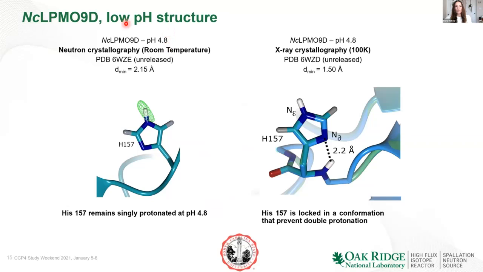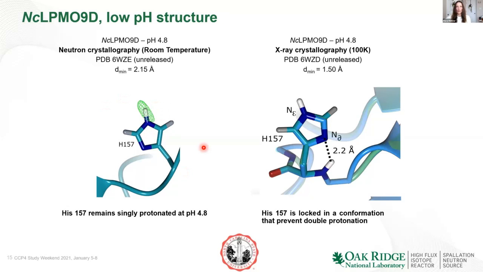So we did a low pH structure, both with neutron and with X-ray, and we find that even at low pH, pH 4.8, that histidine, again surprisingly, remains singly protonated at the N epsilon position.